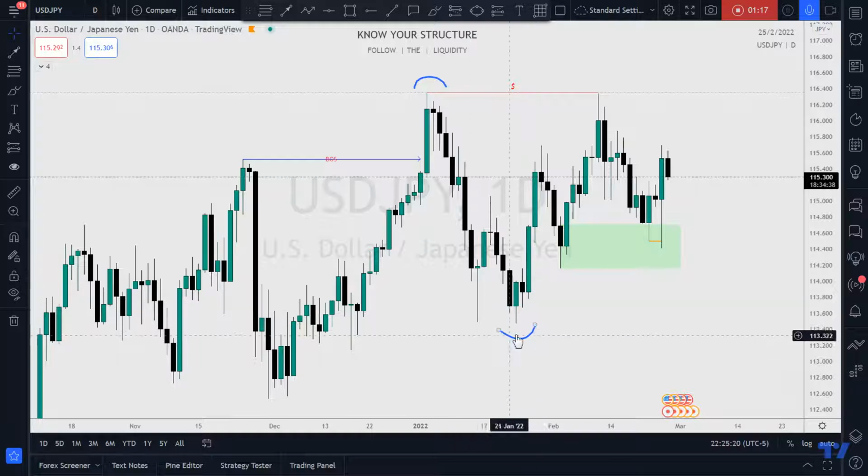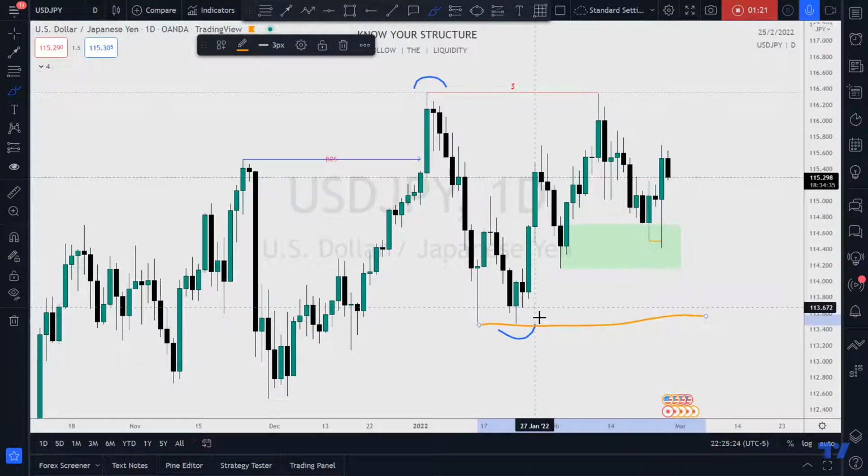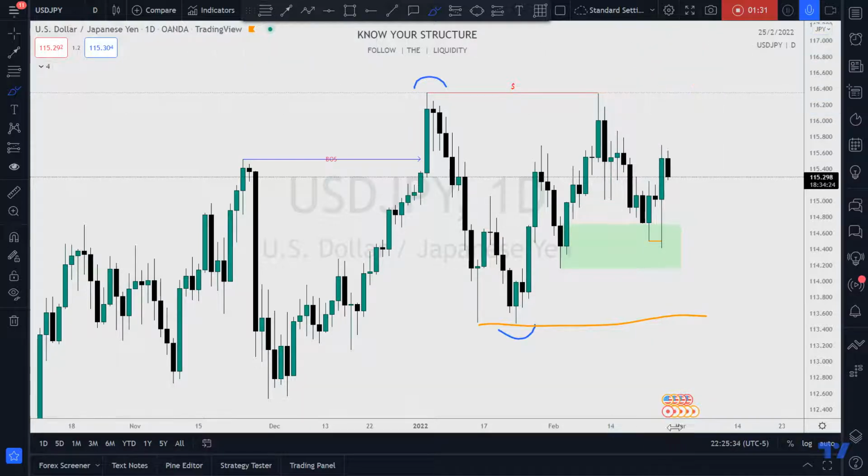Until price breaks this low here, we are still bullish. We break that high, we make a higher high, and we just have continuation of the trend. But the low is what would really mean a shift from bullish to bearish momentum.